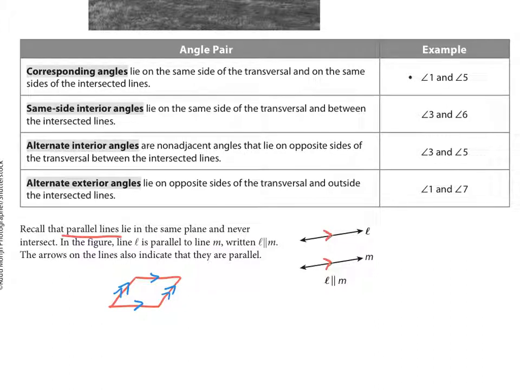And then this symbol right here kind of looks like two L's put together. That is a parallel statement. So that statement says that line L is parallel to line M. You'll want to look for that notation or the parallel statement in some of the problems you're going to come across in this lesson and also in the rest of this unit.